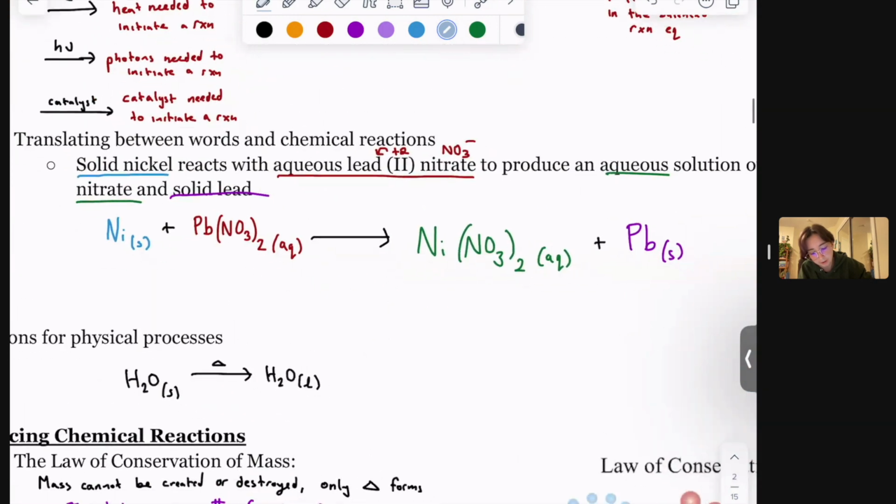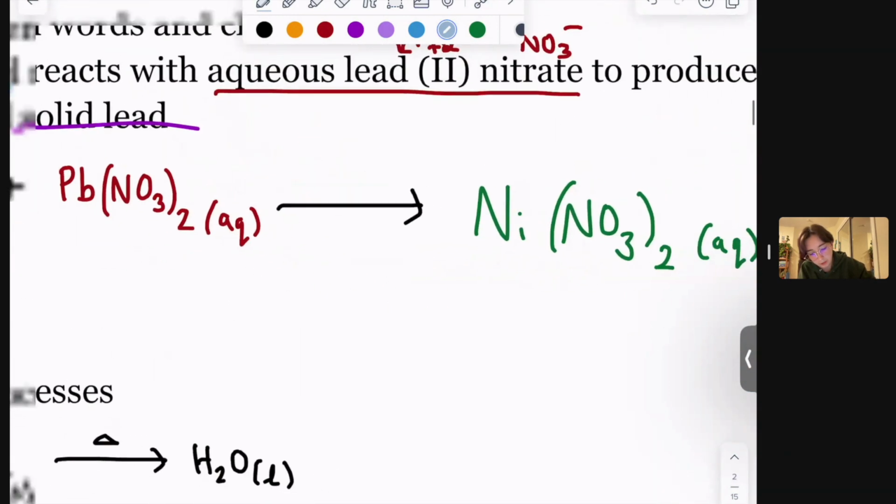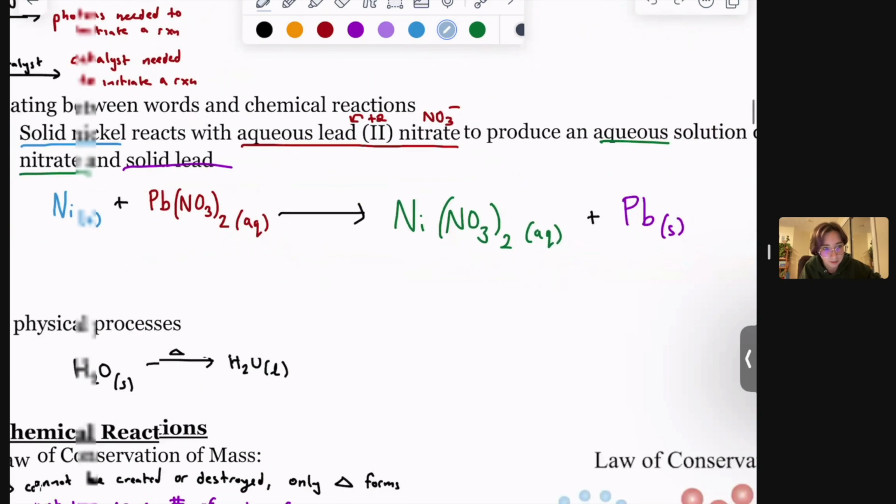So up here, if I wanted to check my balancing, instead of counting nitrogen and oxygen separately, I would just count that I have nitrates, just because it makes it easier to keep track of things.